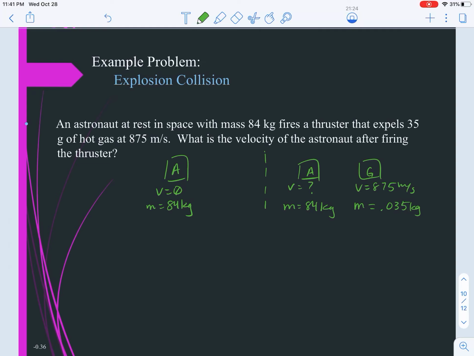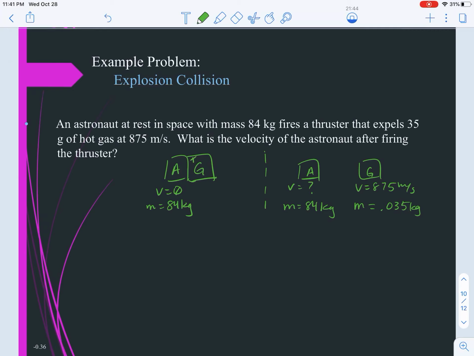And then what we need to understand is that the gas also initially had a velocity of 0. It wasn't moving until it got fired, right? So the initial velocity for the gas is also going to be 0.